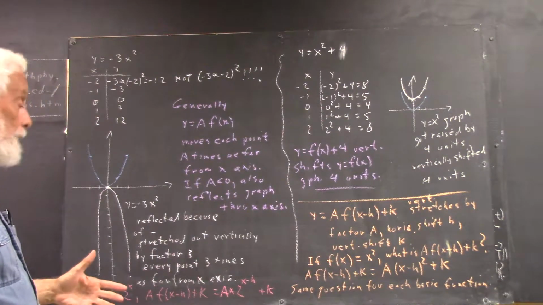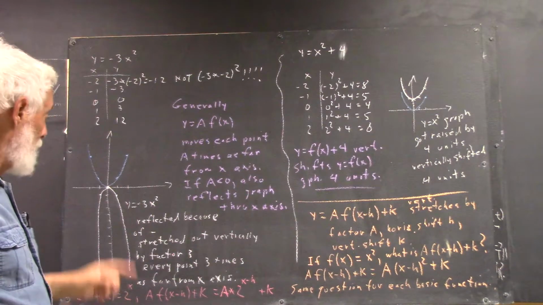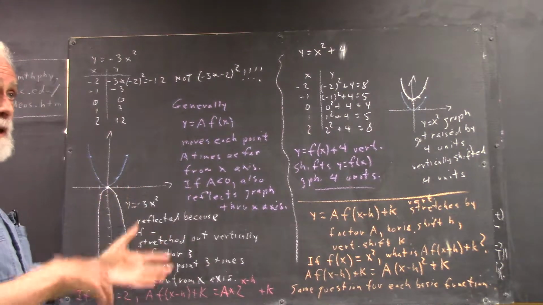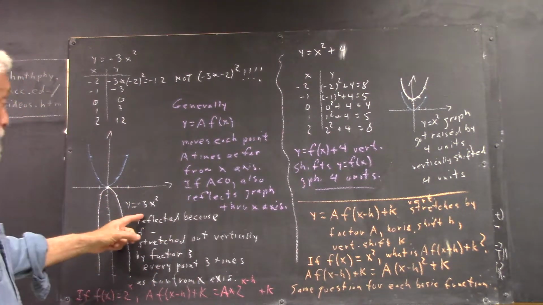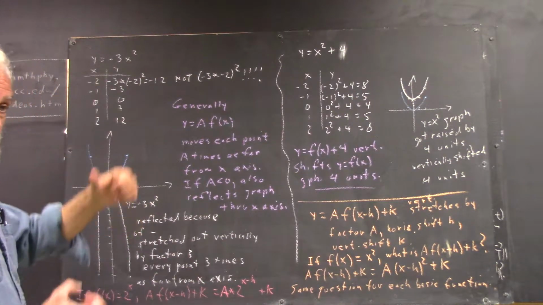So if you've got a function with positive and negative values and put a minus in front of it, that's going to make all the negative values positive and all the positive values negative. If in addition that number is something besides 1 or negative 1, it's going to stretch the graph.